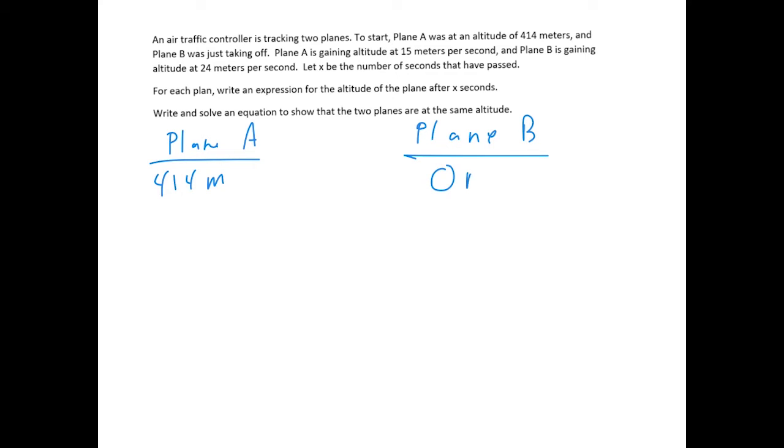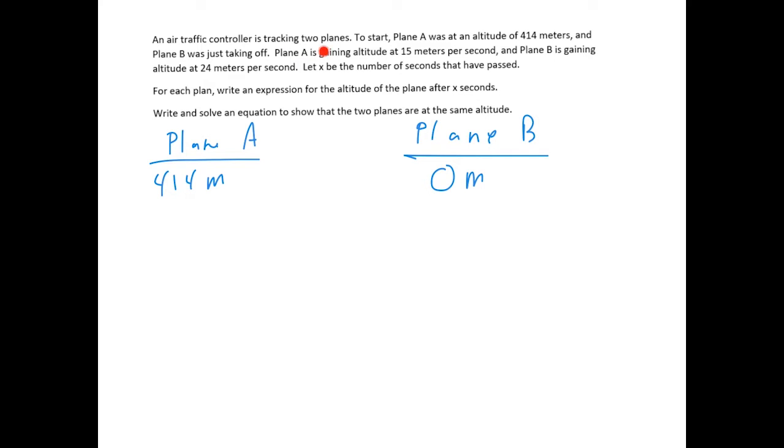Let's write down the information we have about plane A and about plane B. Plane A started at 414 meters, and plane B was just taking off, so plane B was starting at 0 meters. What else do we know?